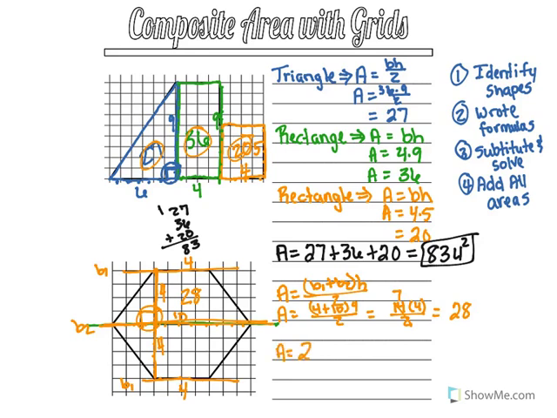My composite area, both of them are 28, so it's 28 plus 28, and that gives you 56 units squared for the composite area of your hexagon. So that's finding area of composite figures: identify your shapes, write your formulas, substitute and solve, and then add all your areas together.